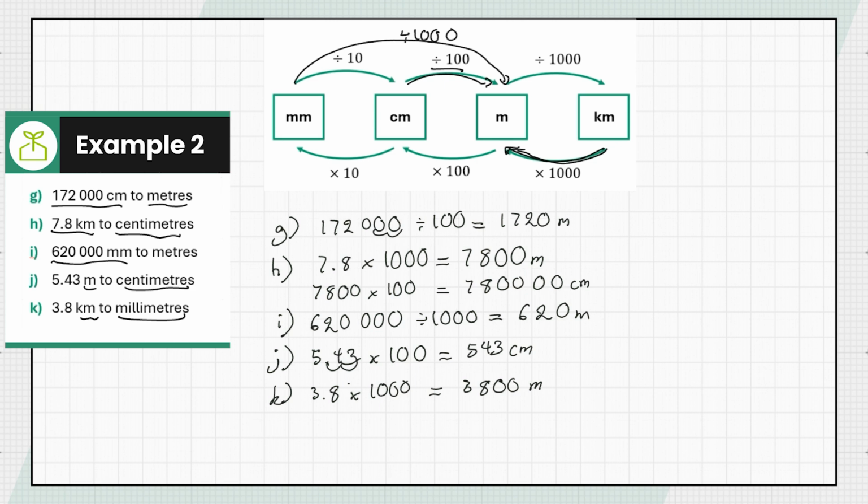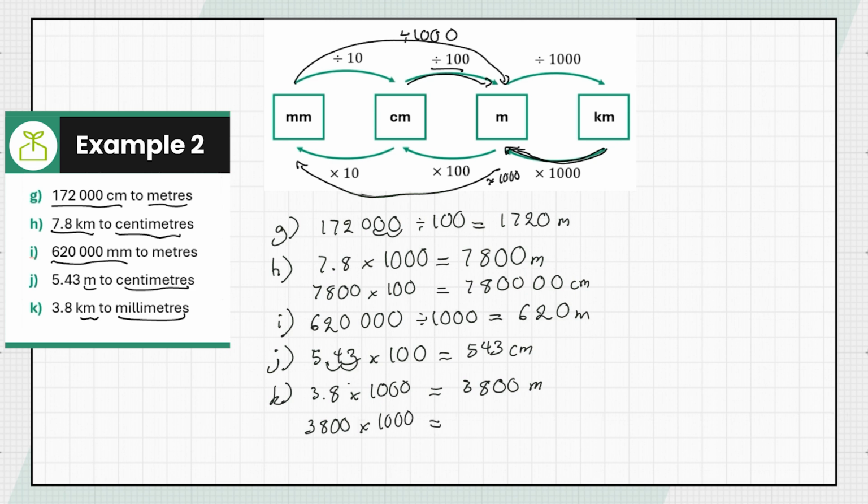Now after that, to go from meters all the way to millimeters, we can do 100 times 100 to get to centimeters, and then times 10 to get to millimeters. Or alternatively, we can multiply by 1,000 to go straight from meters to millimeters, and that's what we're going to do. So we're doing 3,800, and we're going to multiply it by 1,000.